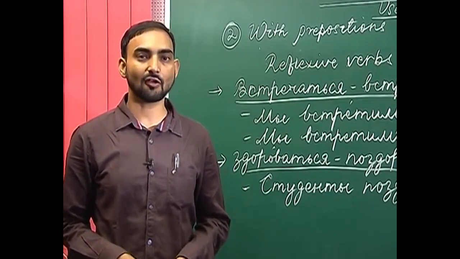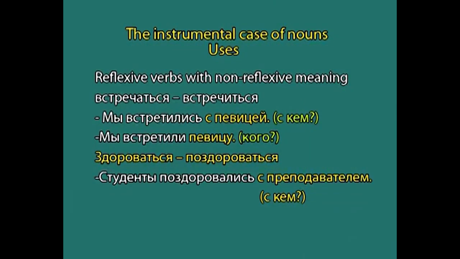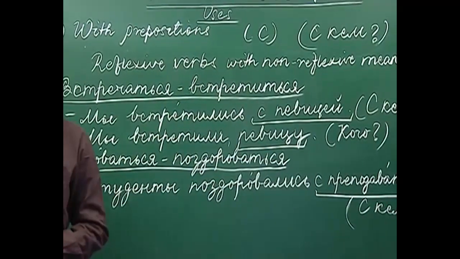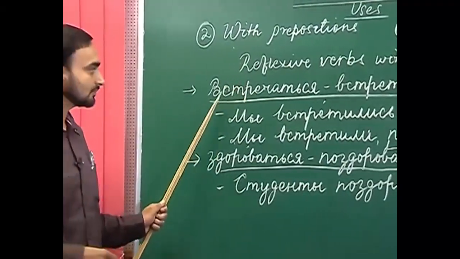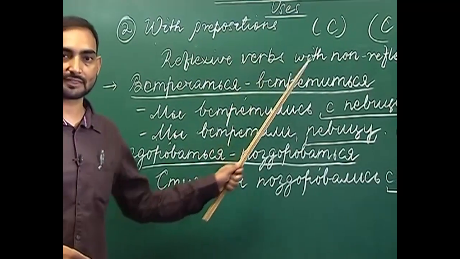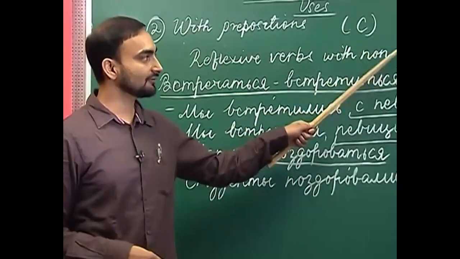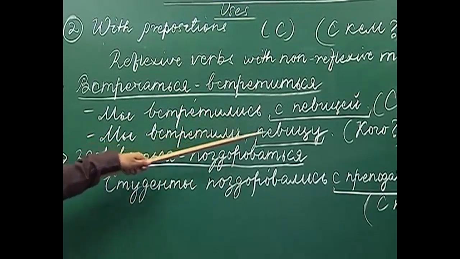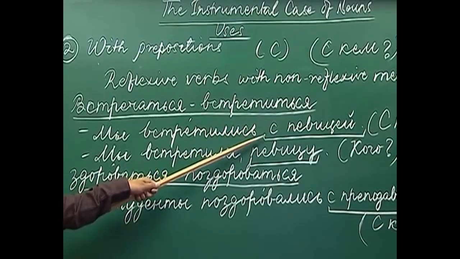The instrumental case of nouns is also used with reflexive verbs that have a non-reflexive meaning, which means they are translated in English with a non-reflexive meaning. For example, we have already learned the verb встречать, встречаться, which means to meet. To meet has a non-reflexive meaning. With this verb we are supposed to use the instrumental case of the noun with the preposition с.